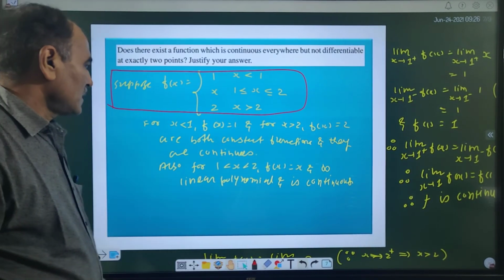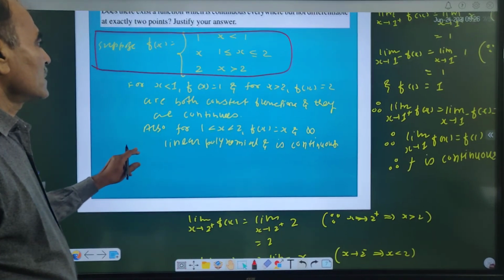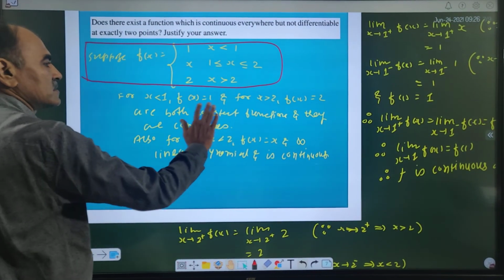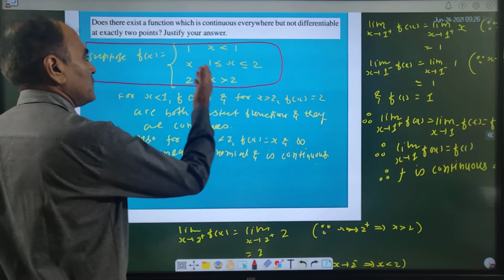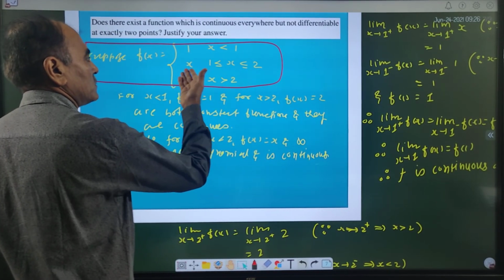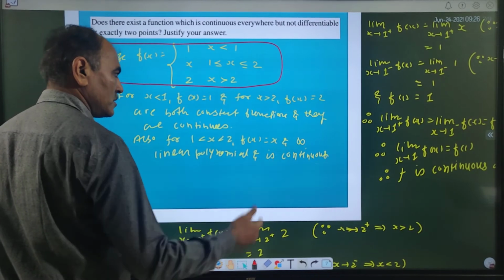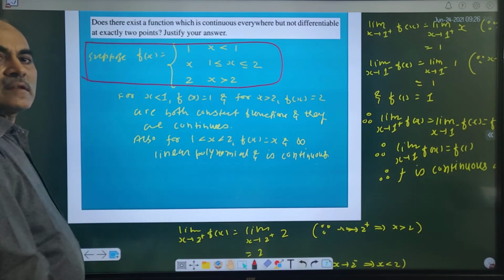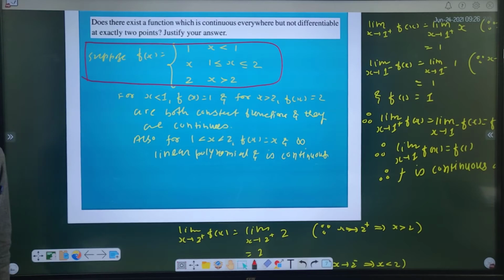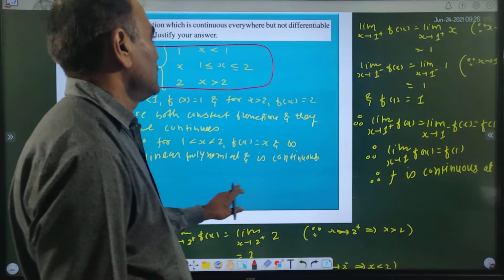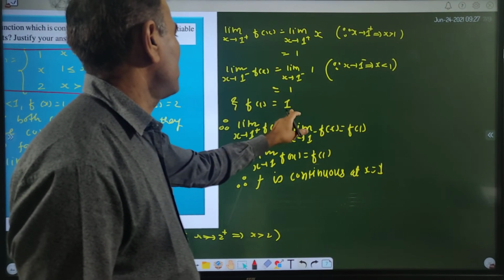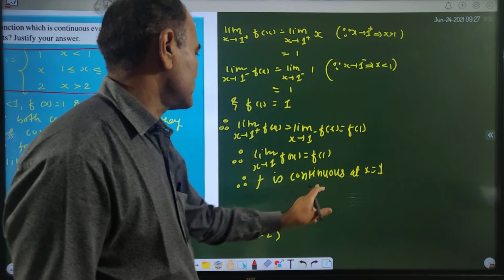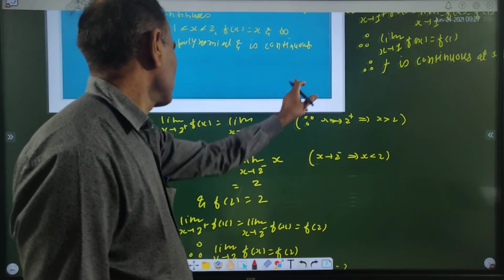Now see, for x less than 1 and x greater than 2 it is a constant function, so it is continuous. And for the open interval from 1 to 2 it is a linear form, so it is also continuous. Now we have to talk about the end points, that means we have to see the continuity at x is equal to 1 and at x is equal to 2. For 1, the right hand limit is 1, the left hand limit is 1, and f of 1 is 1, so all are equal, so it is continuous at x is equal to 1.